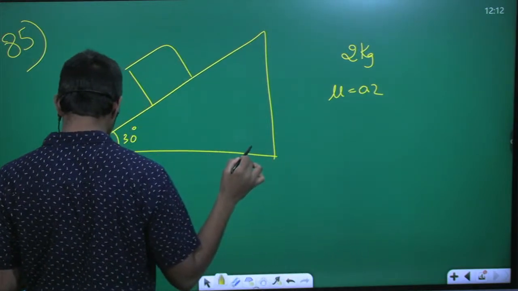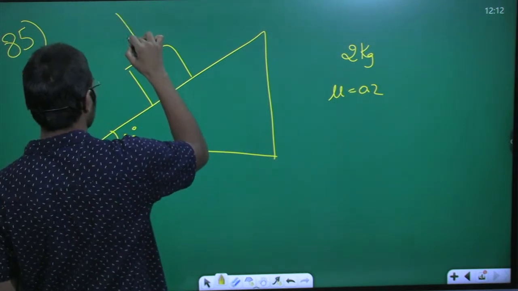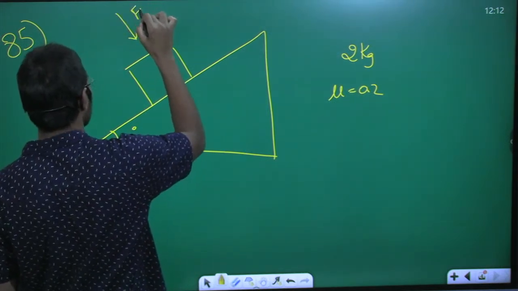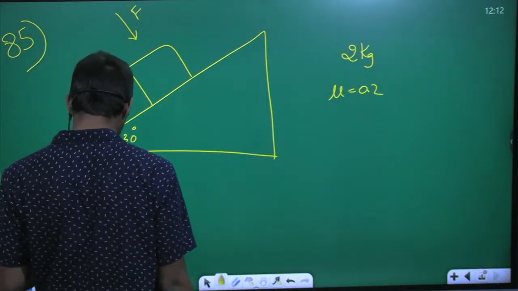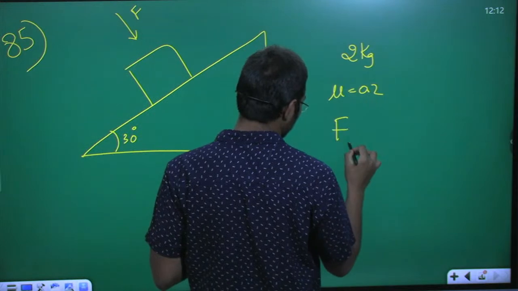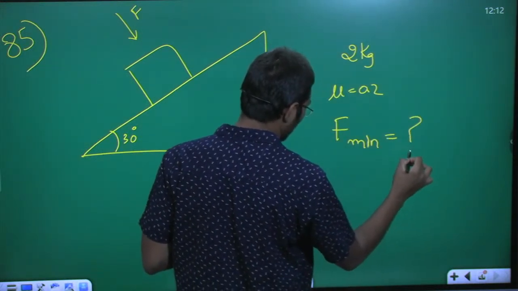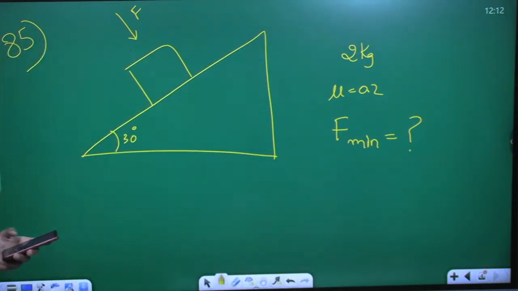The force F applied on the box perpendicular to the incline to prevent the box from sliding down. So the minimum value of F. The question is, what is the minimum force that needs to be applied so that the box does not slide down? So how do we solve this?